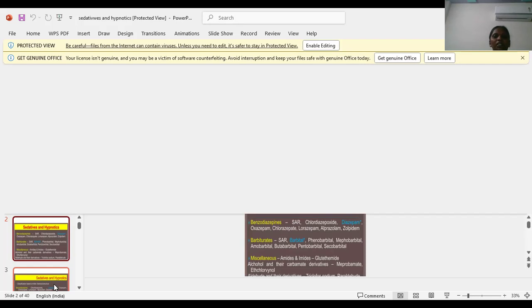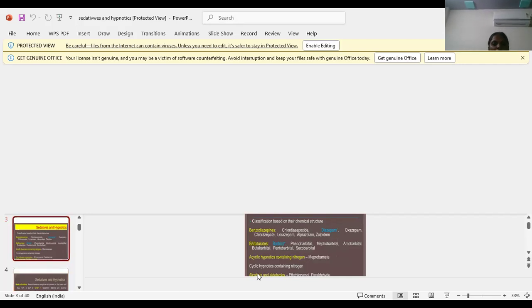Under barbiturates, we will discuss the SAR of barbital, phenobarbital, mephobarbital, amobarbital, butabarbital, pentobarbital, secobarbital. Next, miscellaneous: under the amides and imides, the example is glutethimide. Next, the alcohols and their carbamate derivatives, the example is meprobamate.